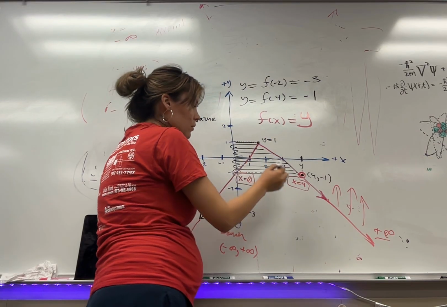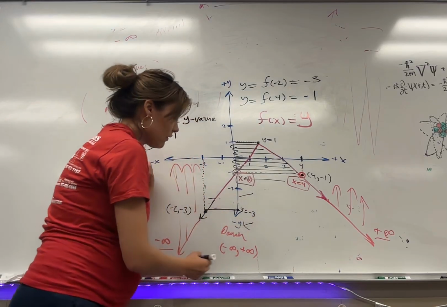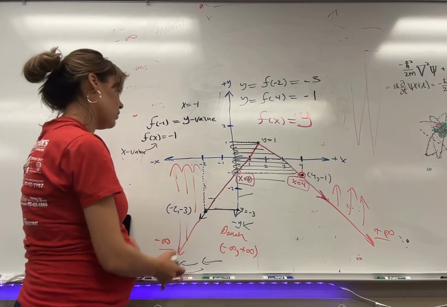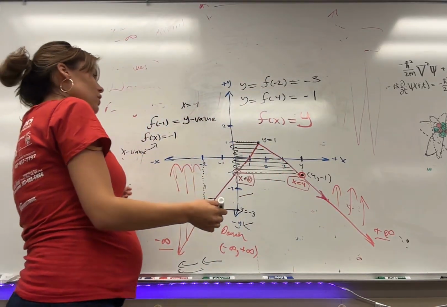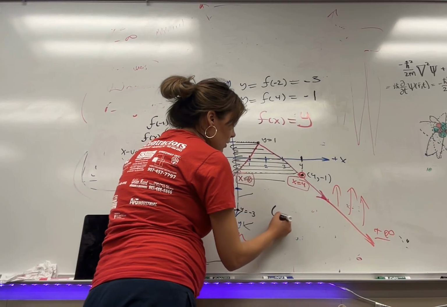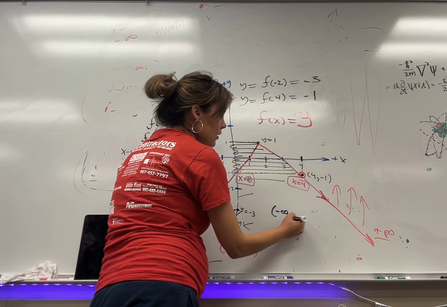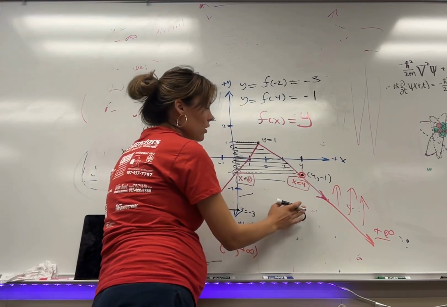What about the most negative our function could be? Well, if we followed this down forever, it would just keep getting more and more negative as we got further on this function, whether we went this way or that way. And so our y values go from negative infinity to 1. We always do least to greatest.